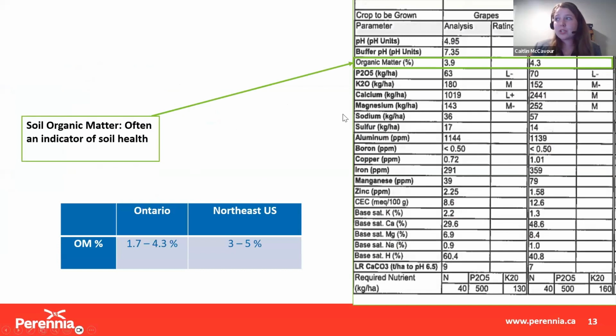And so on a soil test report, it's that third line down and it's represented as a percentage. And so again, we have this little table here. So really you kind of want your soil organic matter to be somewhere within that kind of 2 to 5% range. And if it's below that, then you want to consider applying amendments or implementing practices that help build that soil organic matter.